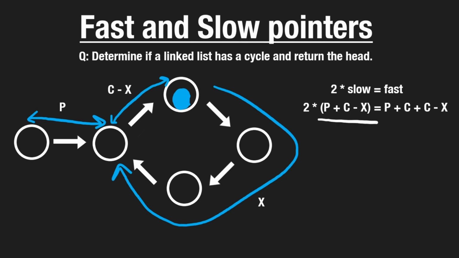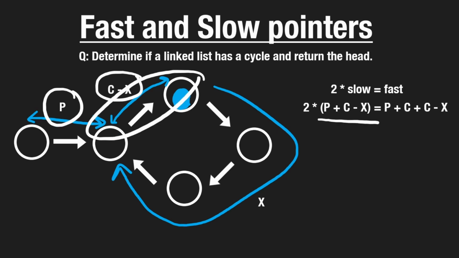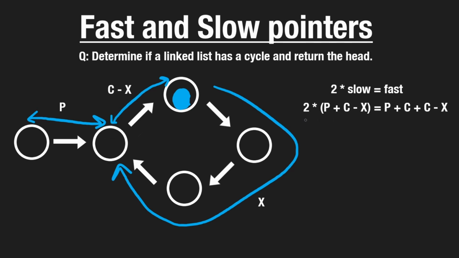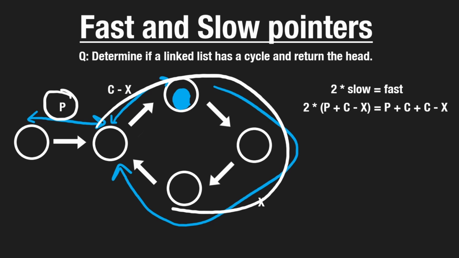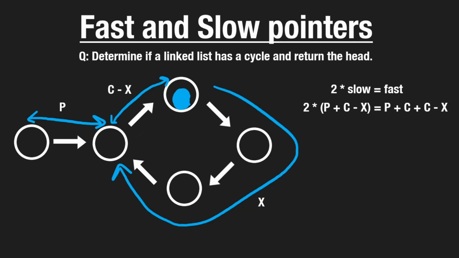We know that the slow pointer has to travel P plus C minus X, and that 2 times the length that the slow pointer traveled is equal to the length that the fast pointer traveled. The fast pointer has to also travel this P portion. Then it has to make an entire cycle around here, which is where the C comes from. And then it has to travel this last portion, which is C minus X.